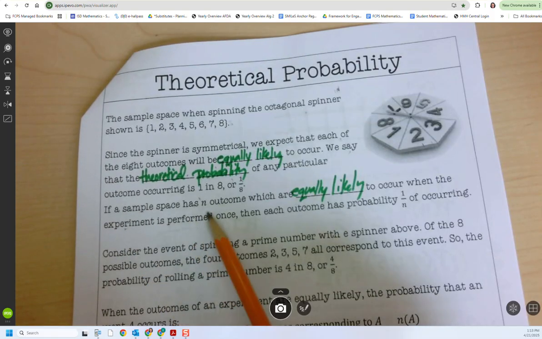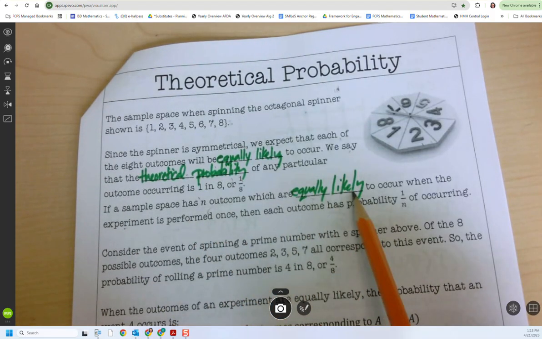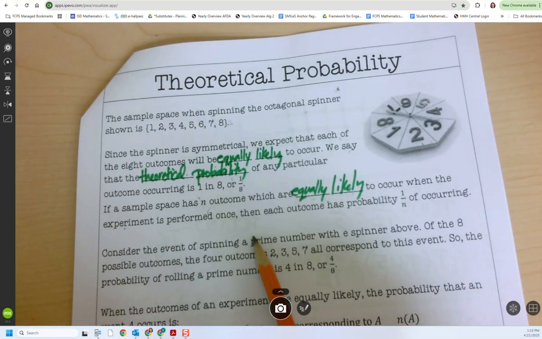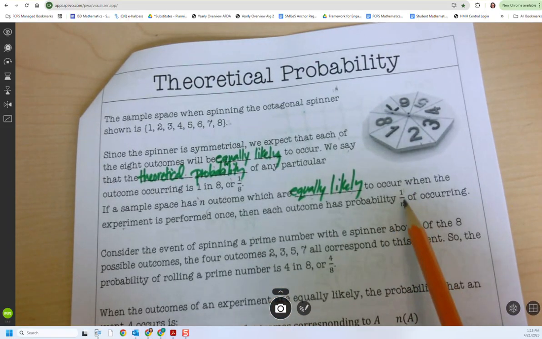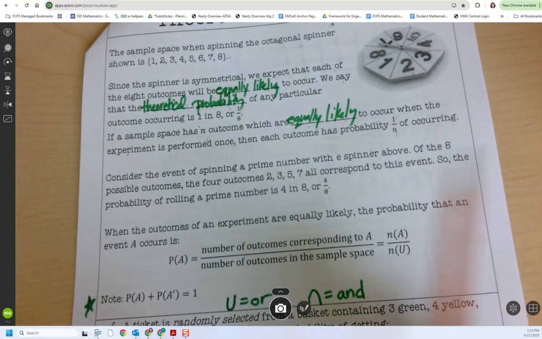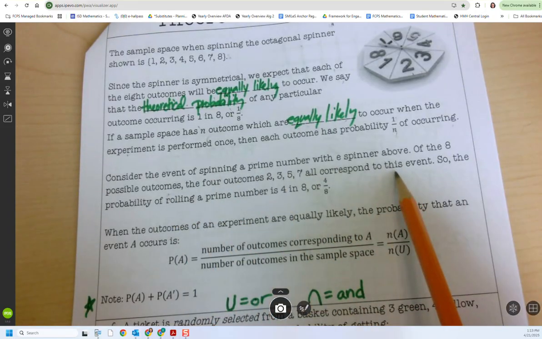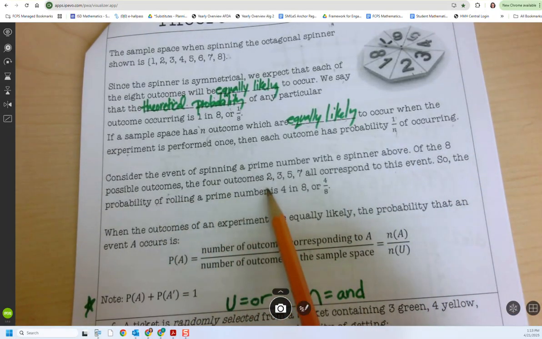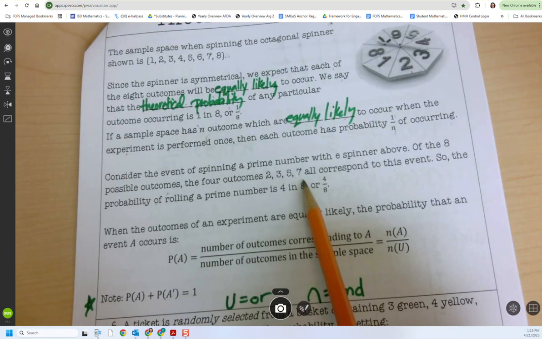If the sample space has n outcomes which are equally likely, then the outcome has a probability of 1 over n of occurring. So looking at the spinner above, of the 8 possible outcomes, the 4 outcomes 2, 3, 5, and 7 correspond to this event.